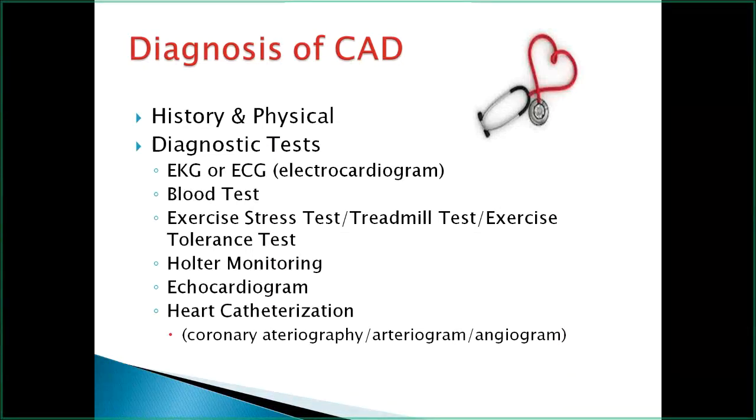If you're unable to do it on a treadmill, then they can give you a medication that makes your heart think it's working out and your heart races and you get this warm blush throughout your body. So that's always possible if you're not able to do a treadmill stress test. But it does give them a lot of good information about how your heart is responding to that extra demand.